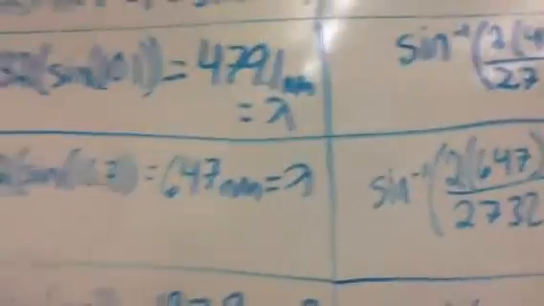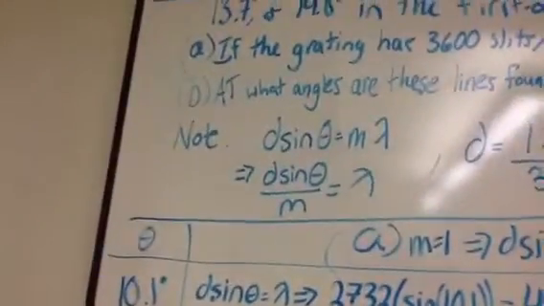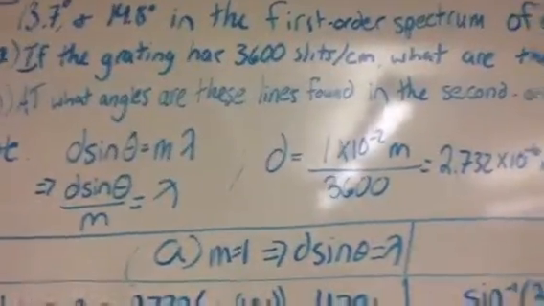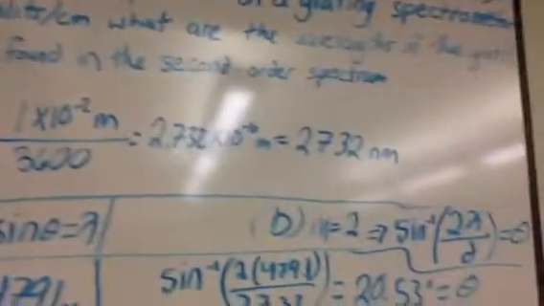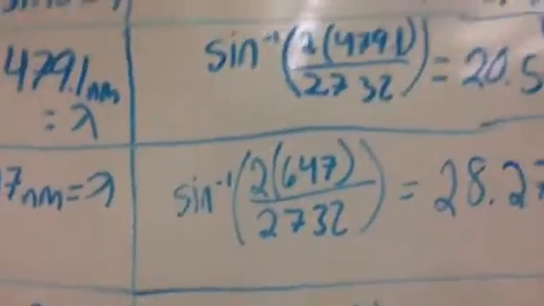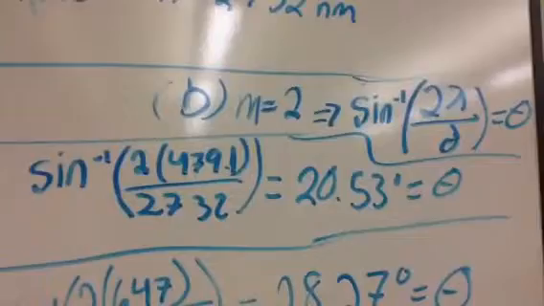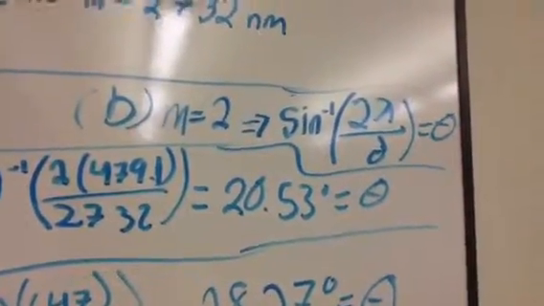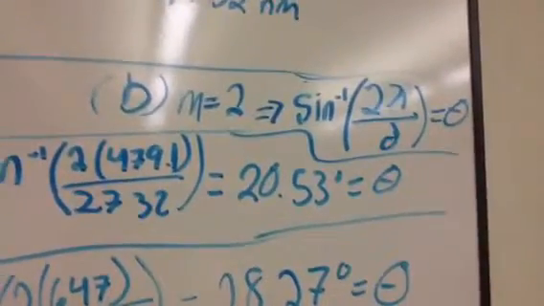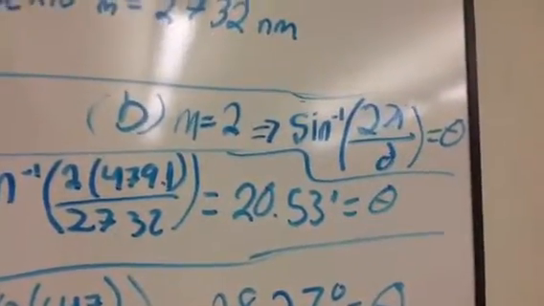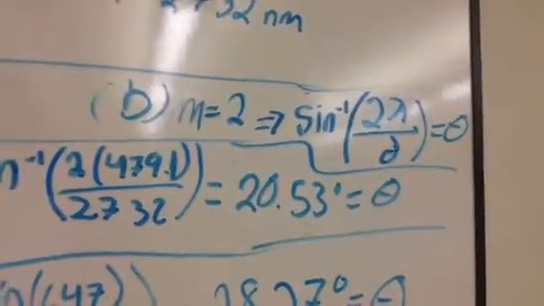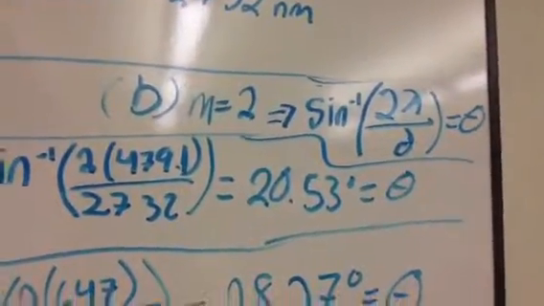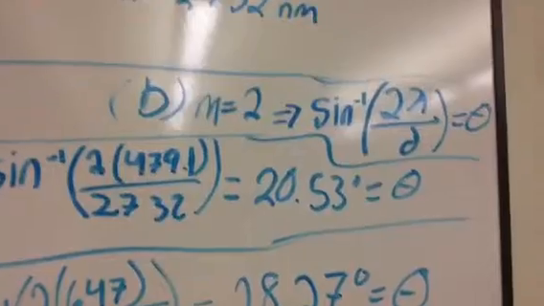Now, as stated, for B, we are trying to find the angles at which these lines are found in the second order spectrum. So we have to actually use the lambdas for every angle to find a new angle for the second order. Therefore, m is equal to 2, and when you're finding an angle, you use the arc sine. When played around with algebra, we know that the equation we're going to be using is arc sine, or the inverse sine, of m lambda over d, where d is constant, and we're finding for different lambdas.